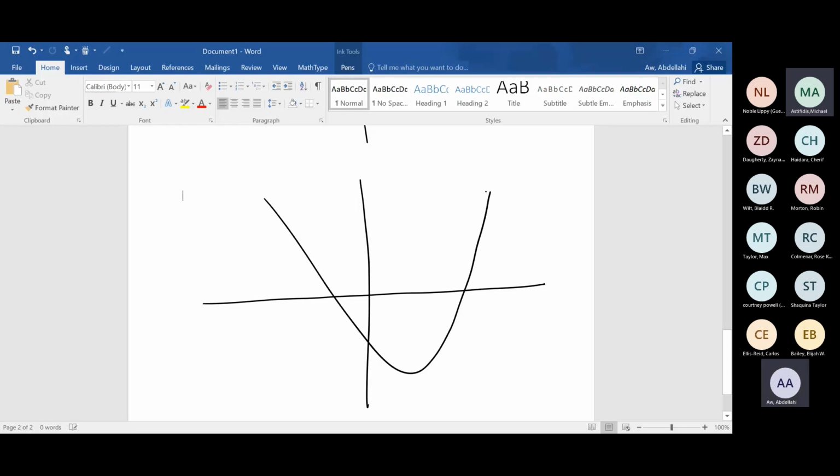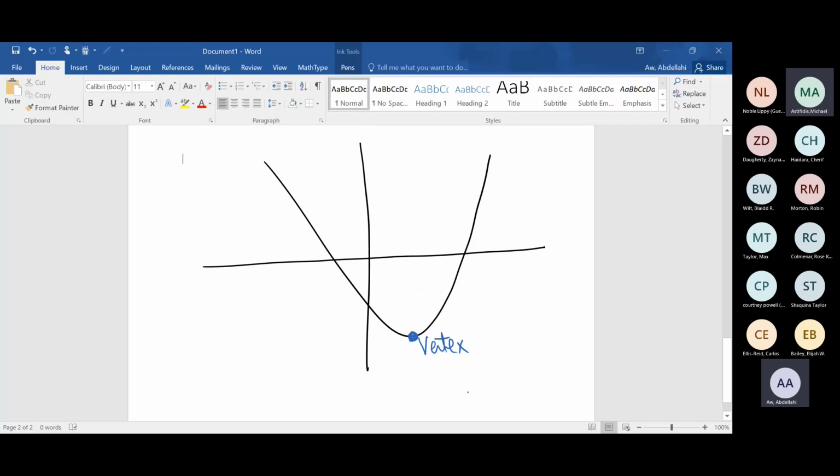I have some points that are important. First of all, the vertex is very important, right? And we have just seen how to find the vertex. So to find the vertex, use what? Use the vertex formula.